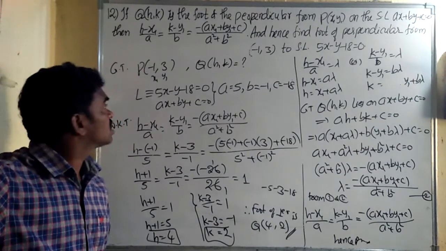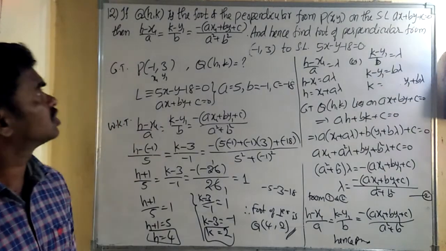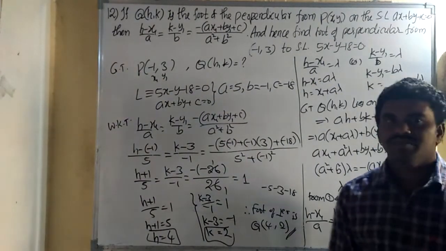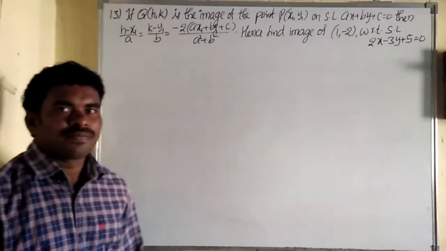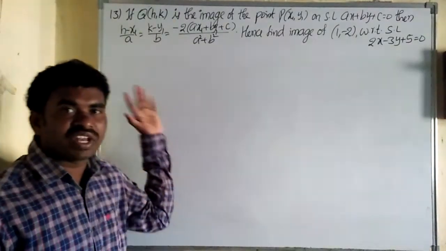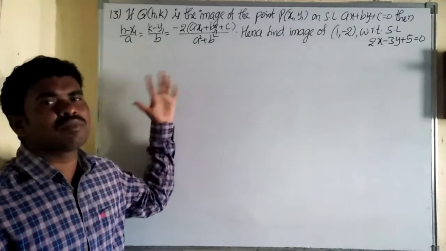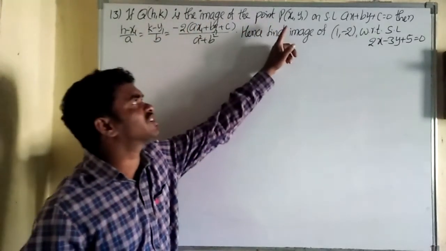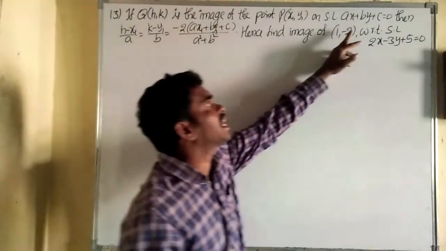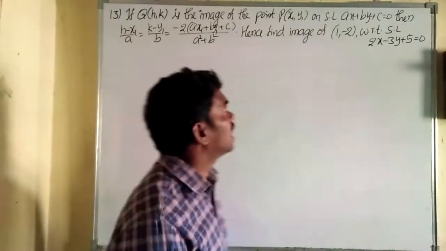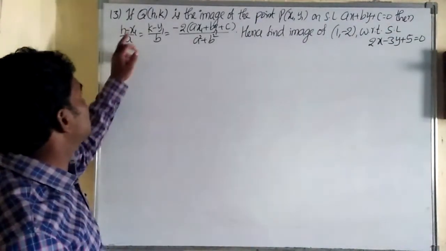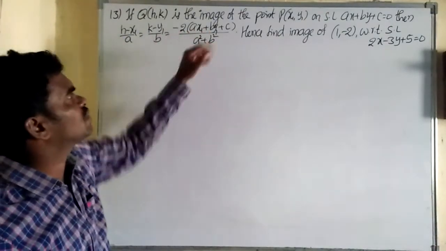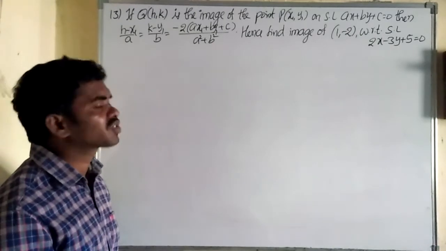So listen, take one more question, next to the 13th problem. Next to the 13th question, this is also very important. As usual, same model question. If Q(h, k) is the image of the point P(x1, y1) on the straight line ax plus by plus c is equal to 0, then (h minus x1) by a is equal to (k minus y1) by b is equal to minus 2 times (ax1 plus by1 plus c) by (a square plus b square).